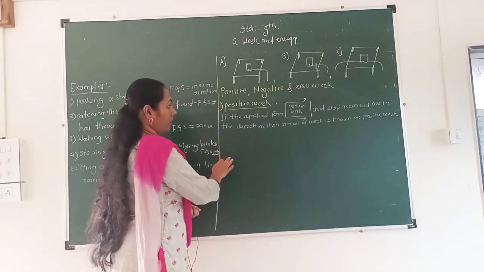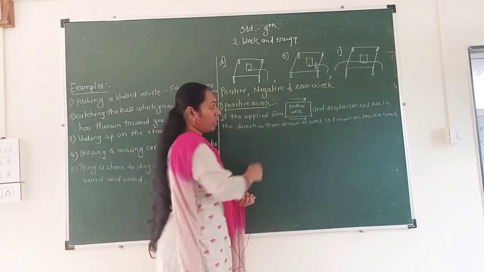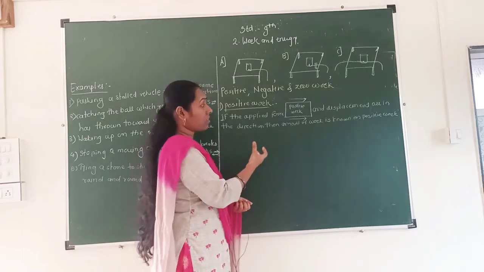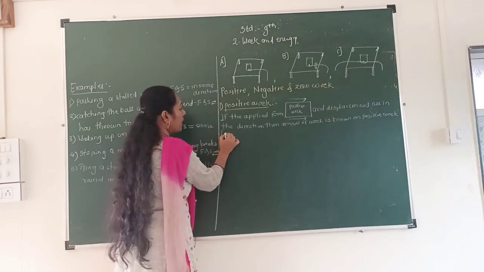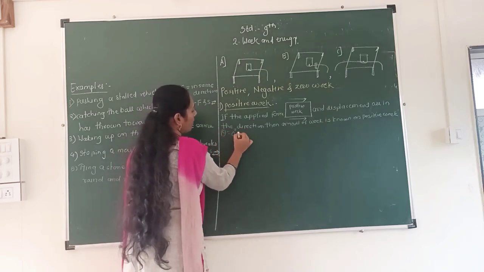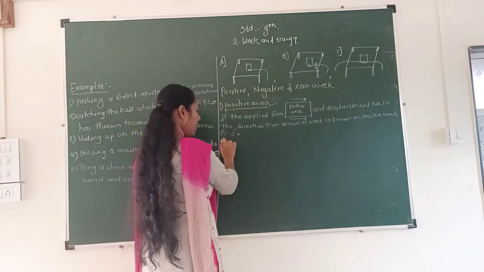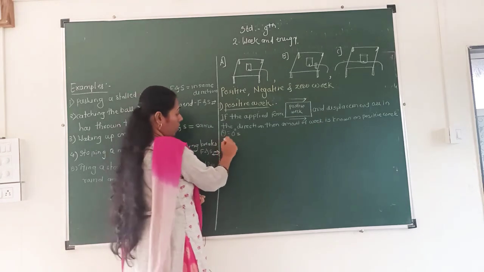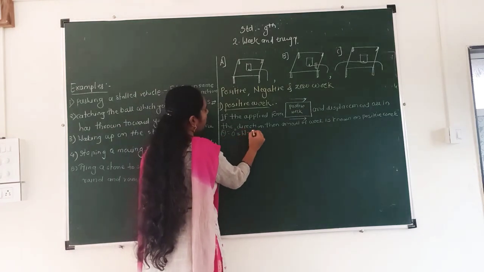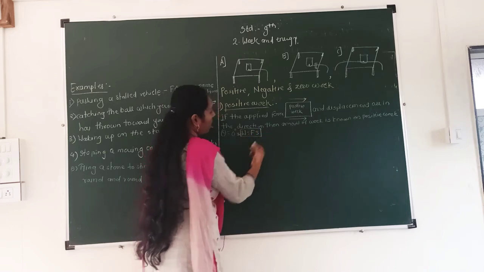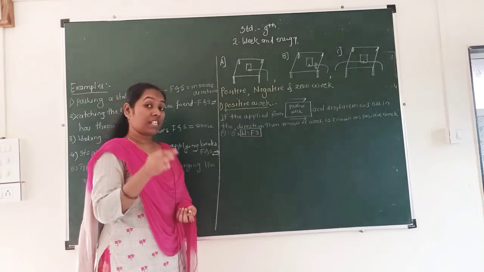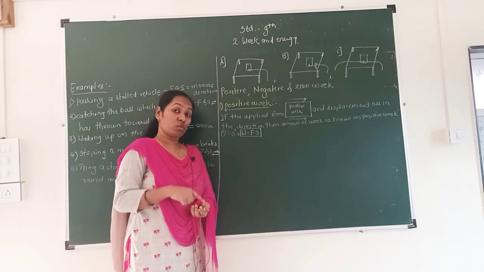When positive work happens, can you see any angle here? No. Therefore, for positive work, theta is always 0 degrees, and when theta is 0 degrees, W is always equal to Fs. What is the formula for positive work? We have already seen it in the previous 2 videos.